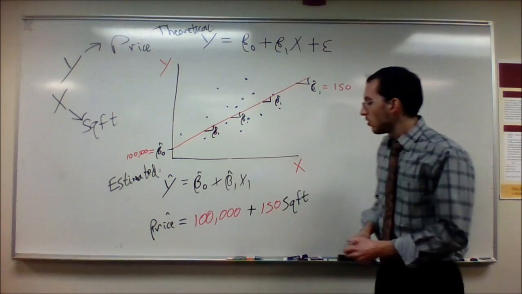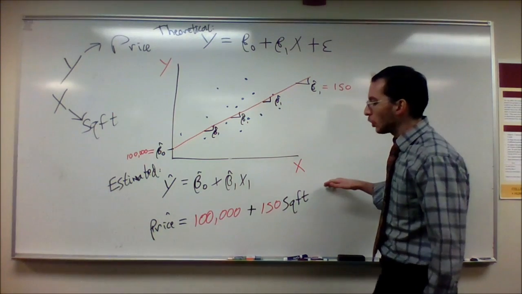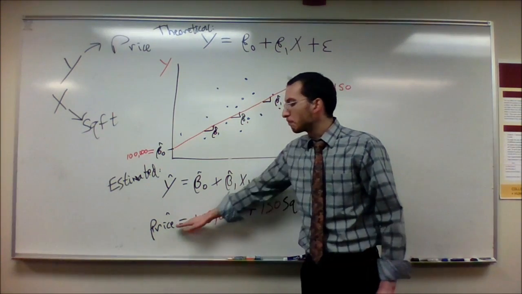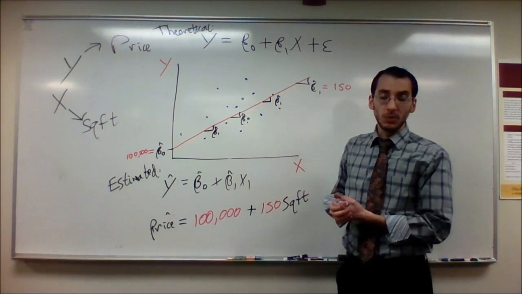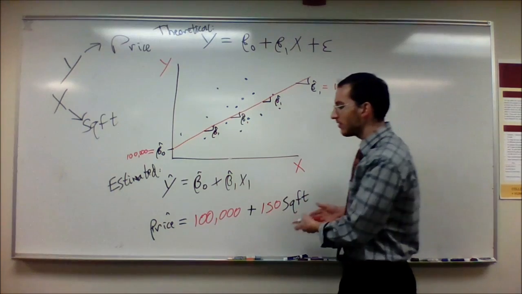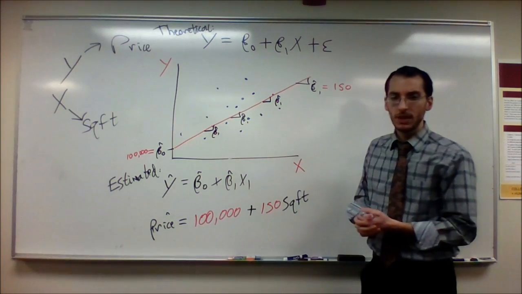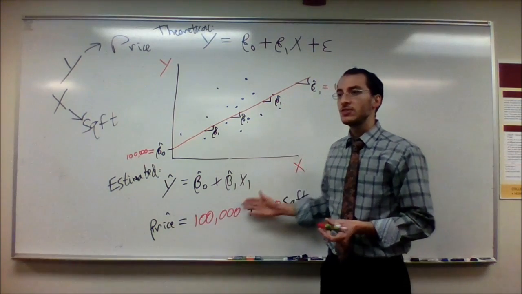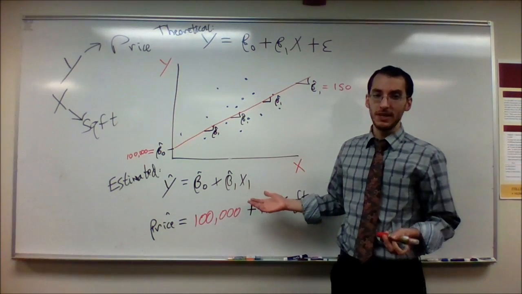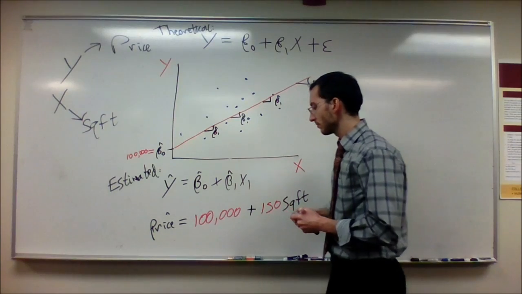We don't have 0 in the data set, is what I'm trying to say. So we wouldn't even interpret it anyway. You never interpret a model for stuff that's outside of your range of data.